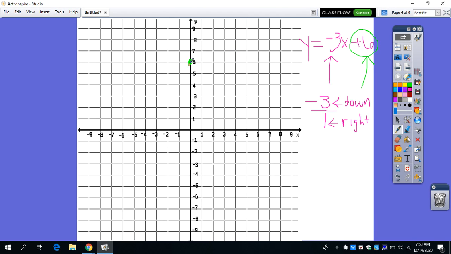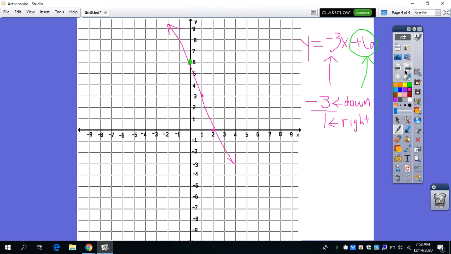So I'm going to go from here, down 3, to the right 1. Down 3, to the right 1. Alright. Good enough for me. That's how you do this. I hope that makes sense.